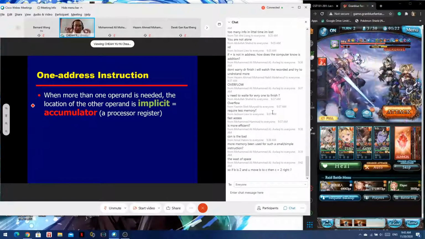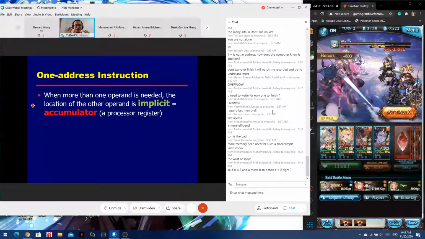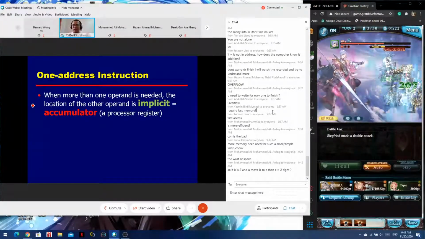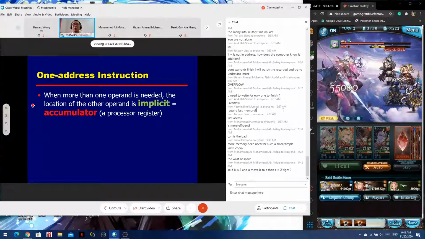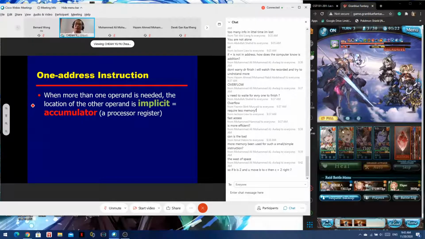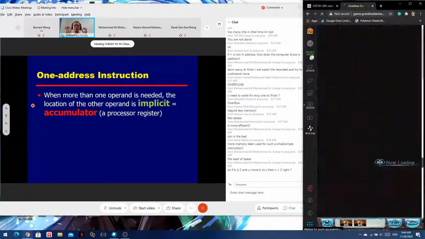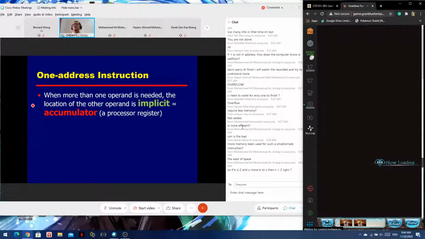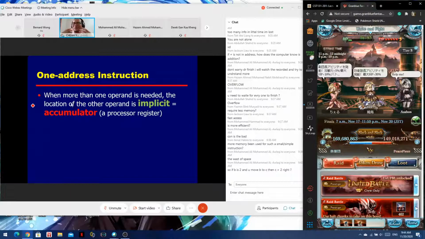You don't need an address for the accumulator. So when you say add A, you add A to the accumulator, because the content of the accumulator is already there, waiting for another operation to be done on it. That's why we don't need an address for it.